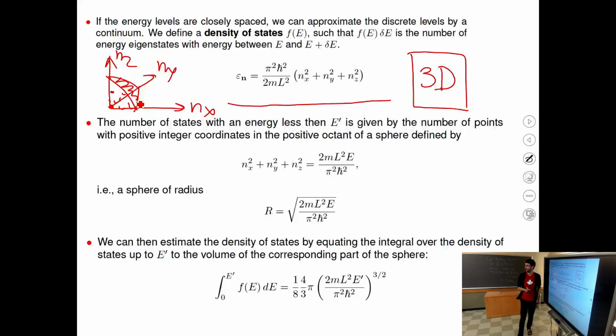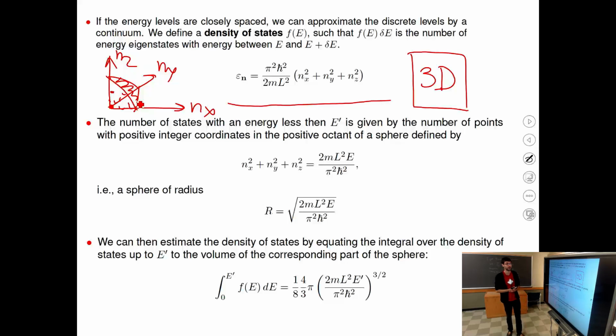And so the final occupation at 0 temperature, at least, will look like 1/8 of a sphere in this space. So this is n squared. We will reach some energy where we have the maximum n squared because we don't have any more particles.